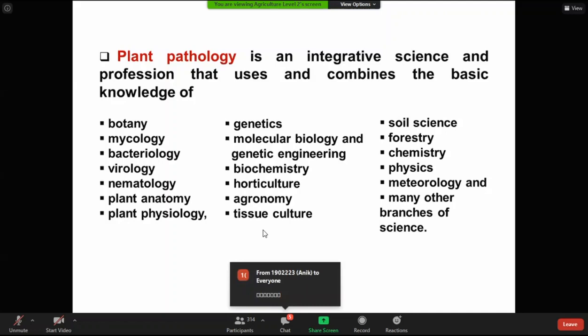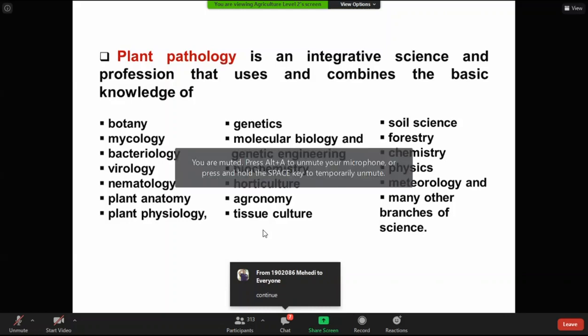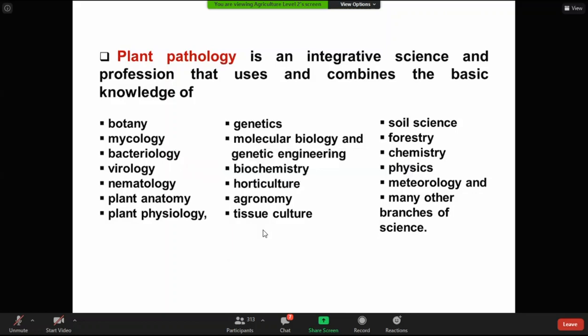Molecular biology, definitely, because to induce a disease, microbes need to interact with the plants at the molecular or cellular level. And biochemistry, because when we study molecular biology, we need a clear understanding of DNA and RNA.